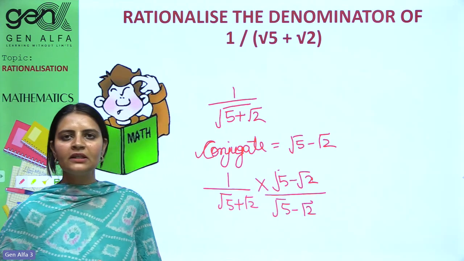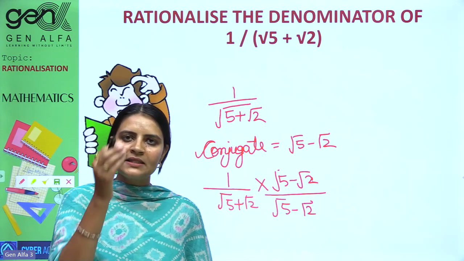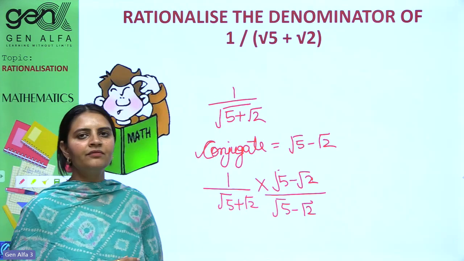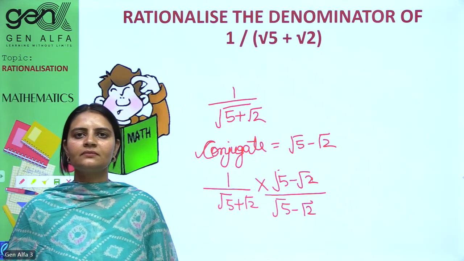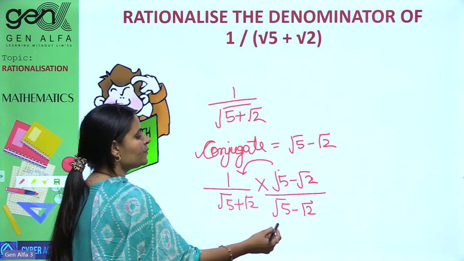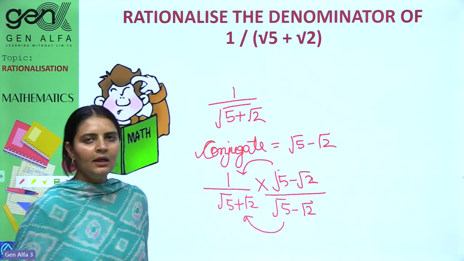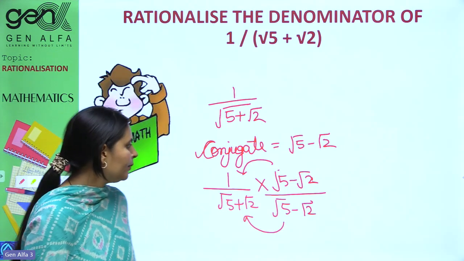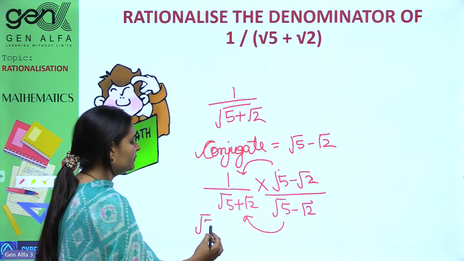We need to solve it further. Multiply the tops, multiply the bottoms. You just note it down till here, then we will move further. Multiplying the top is very easy. The number will be kept the same because it is getting multiplied by 1.